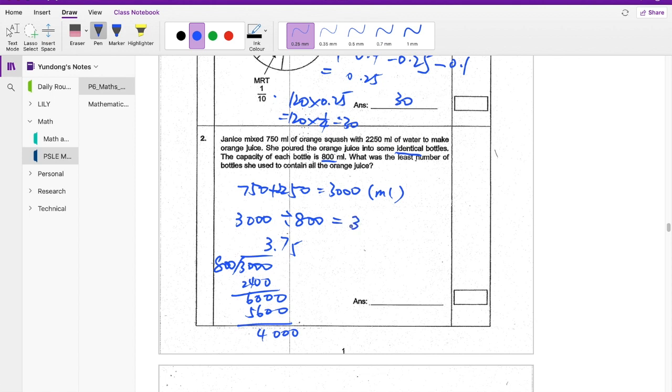The answer is 3 remainder 600. It means what? It means that if I pour the orange juice into 3 bottles, I still have 600 ml left. So I need another bottle to contain it. So what is the least number? This number is 3 plus 1, which is 4.